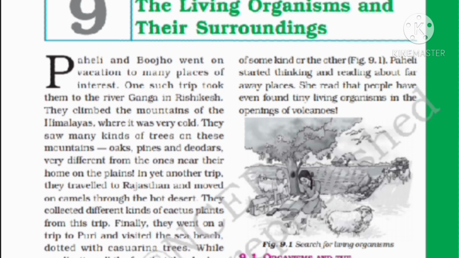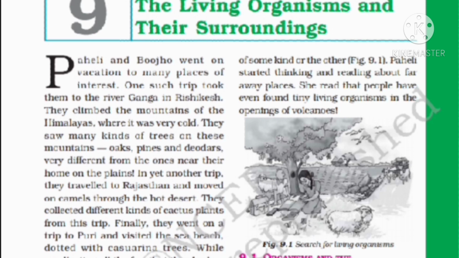While recollecting all the fun they had on these trips, a thought struck them. All these places were so different from one another. Some were cold, some very hot and dry, and some so humid. And yet, all of them had many organisms. Organisms here means living creatures of various kinds.